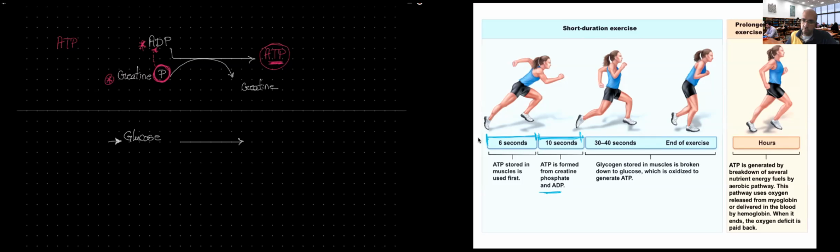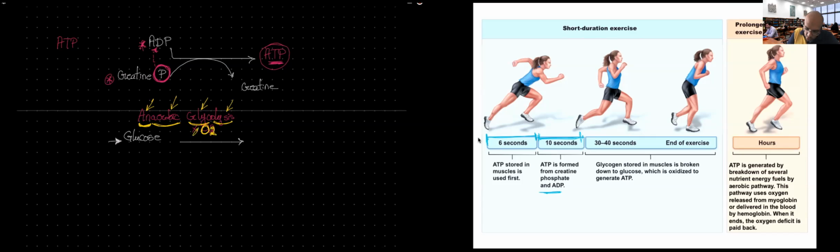We call this anaerobic glycolysis. Glyco means glucose. Lysis, to lyse, is to break down. Anaerobic means without. Aerobic means air. So this is a breakdown of the glucose without air, or without, in other words, oxygen.